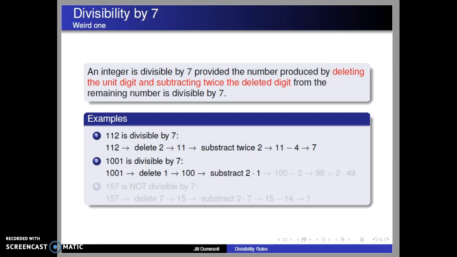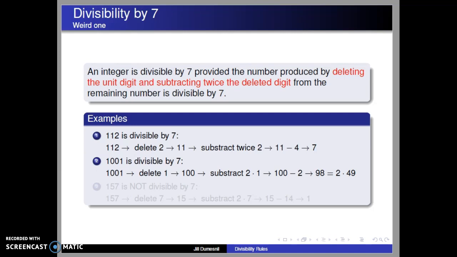Now subtract 2 times 1 from 100. We get 98, which is 2 times 49, and is divisible by 7. Therefore, the original number, 1001, is also divisible by 7.